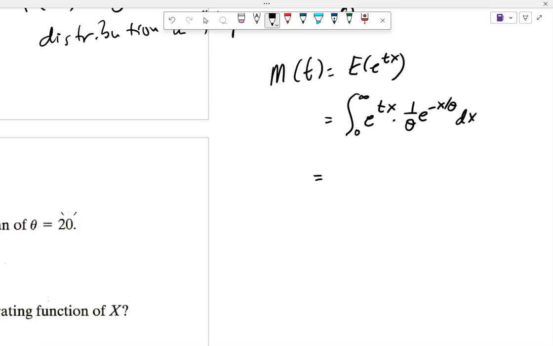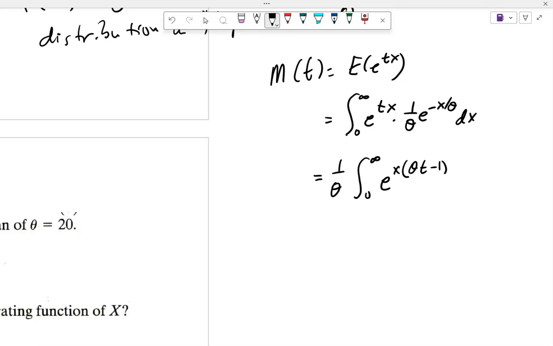We can pull, well, I'll pull 1 over theta out in front to start with. We can add our exponents here. Notice that both of them will have an x in it. We'll have a t minus 1 over theta. Get a common denominator, you'd have a theta t minus 1 in that case.